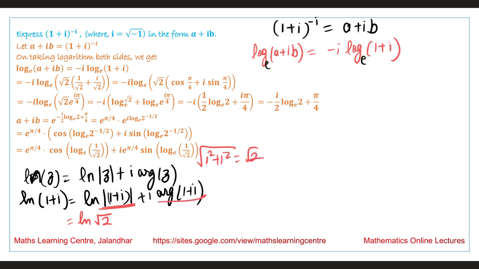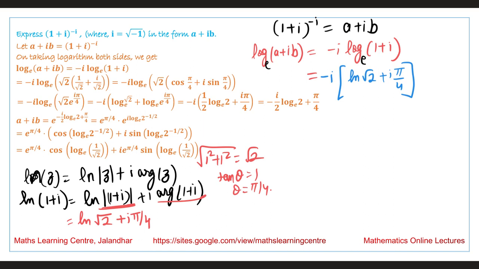And what is the argument of this term? We are saying tan theta should be equal to 1, so theta is equal to pi by 4. So we have plus iota pi by 4. So the value of this term is log of square root 2 plus iota pi by 4.